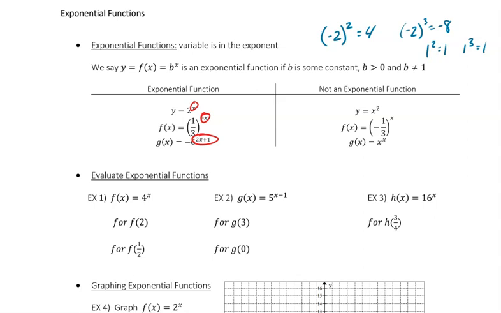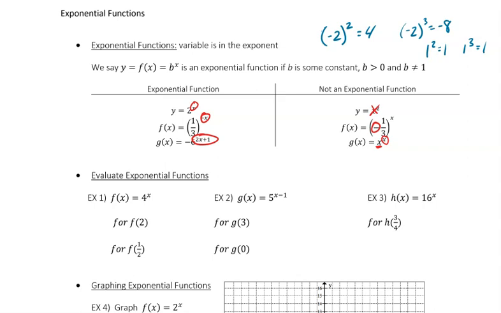The first one's obvious because, well, the x isn't in the exponent. The second one, the base is negative, so that one's not an exponential function either. In the third one, we do have x in an exponent. Remember, the base needed to be a constant, meaning a number, and not x itself. So that one's not going to be exponential either.